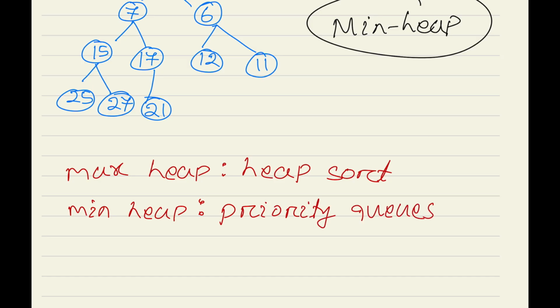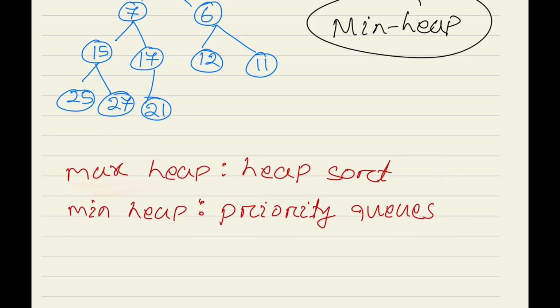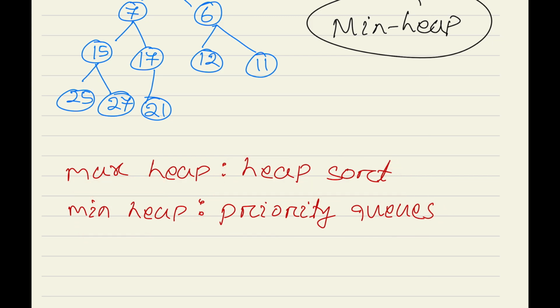So these are the two applications of max heap and min heap. Max heap is generally preferred in heap sort and min heap is generally preferred in priority queues. And we have discussed the role of priority queue. Priority queue is used generally in job scheduling, in communication networks and several other algorithms we have already discussed.